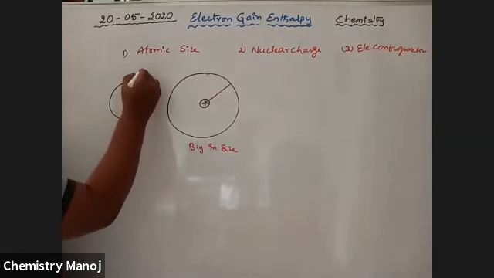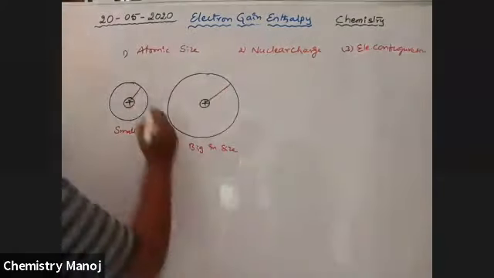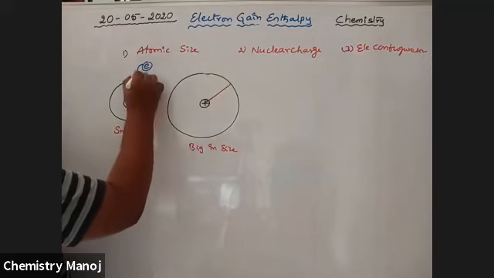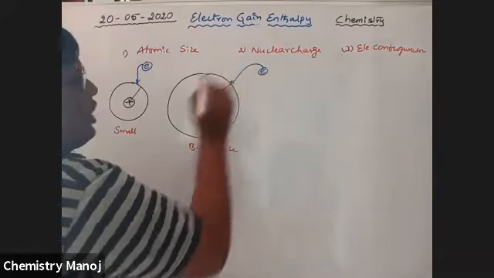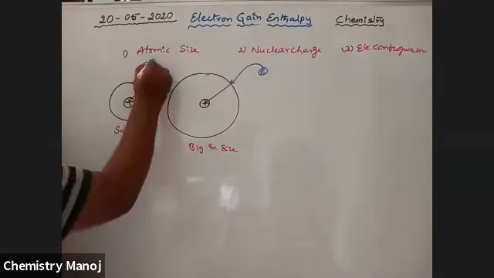Now in this, one electron is going to be added into the outermost orbit. This electron has a negative charge.